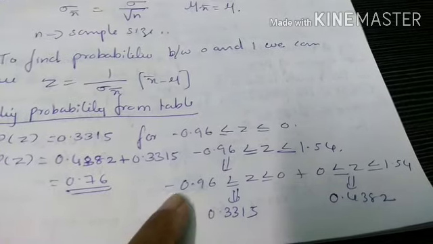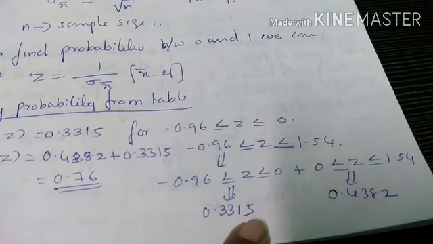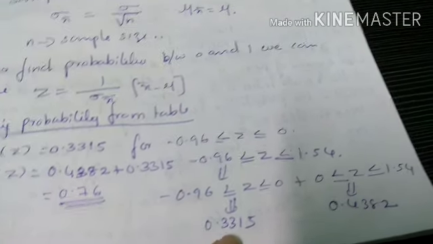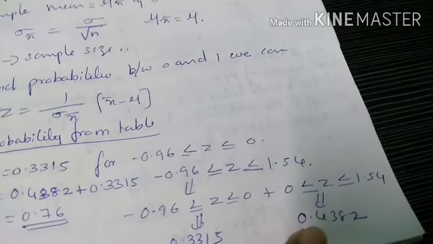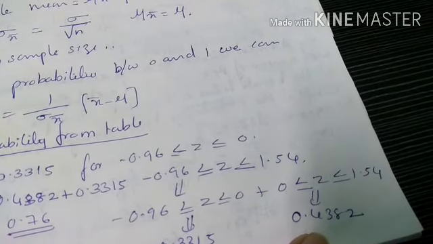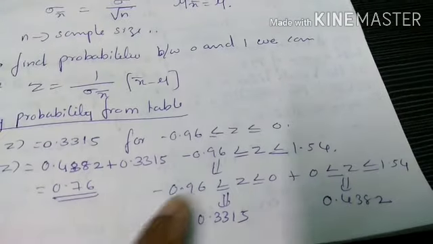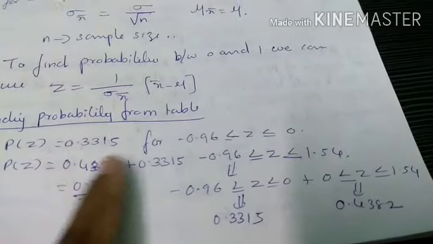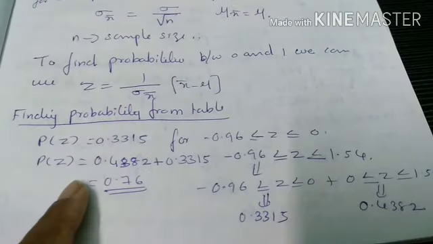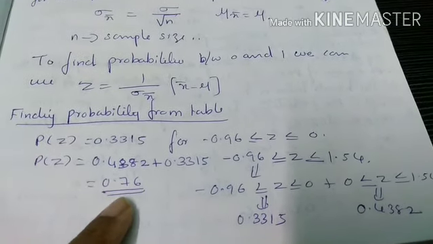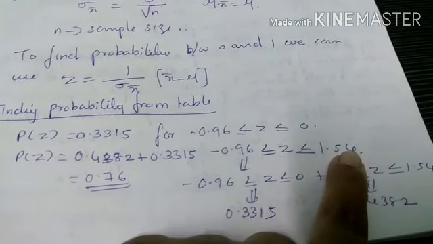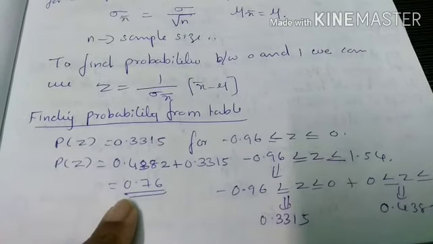We get 0.3315 for minus 0.96 from the Z score table, and the next one is 0.4382. Since these have opposite signs, we add these two to get the probability of Z between minus 0.96 and 1.54 as 0.76.